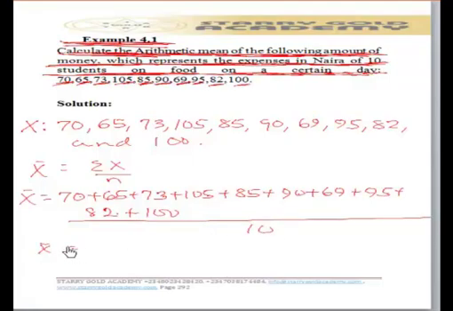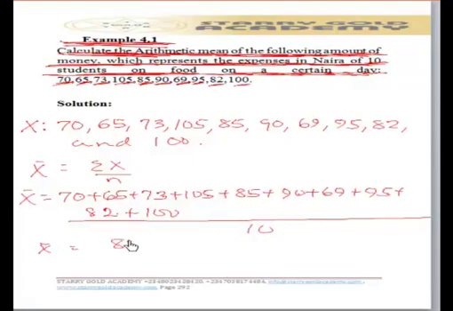Let's now sum all this together. We have 70 plus 65 plus 73 plus 105 plus 85 plus 90 plus 69 plus 95 plus 82 plus 100. This is equal to 834.